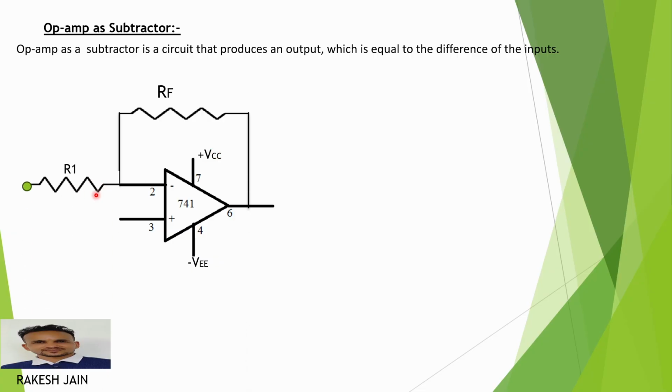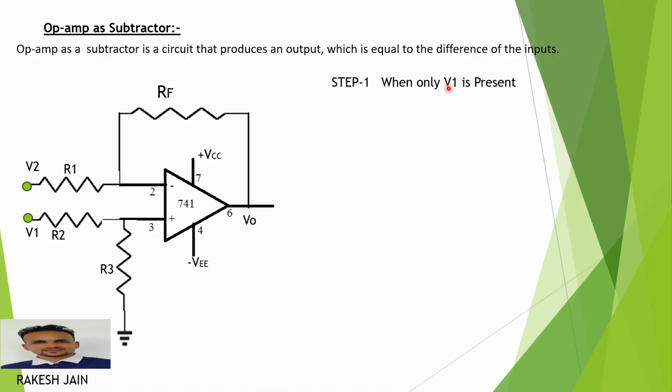A single series resistor R1 is connected at pin number 2. Let the voltage at the second terminal of R1 be V2. Pin 3 is connected to resistance R2 and the supply voltage is V1. The lead connected to pin 3 is also connected via a resistor to the ground. Let this resistor be R3 and let the output voltage be V node.